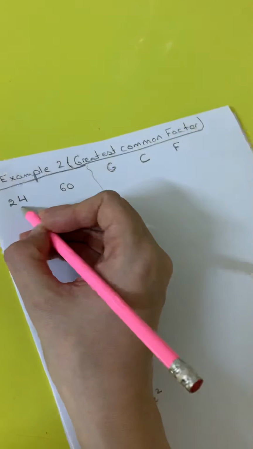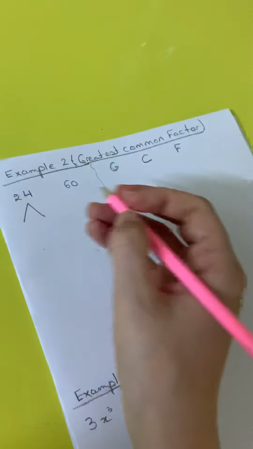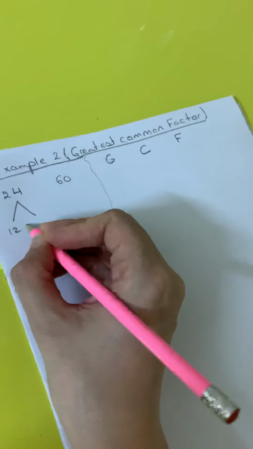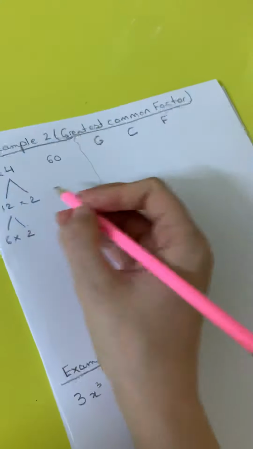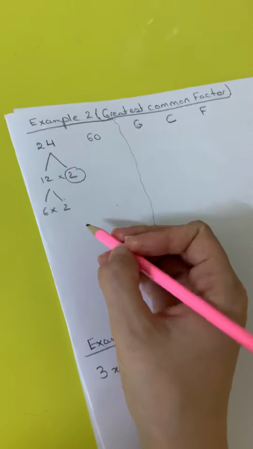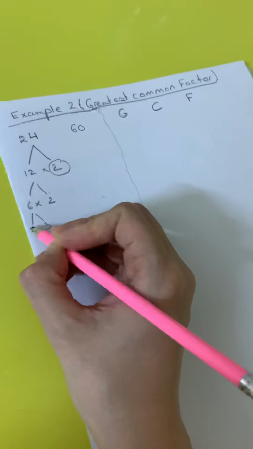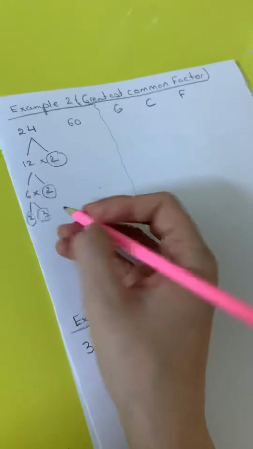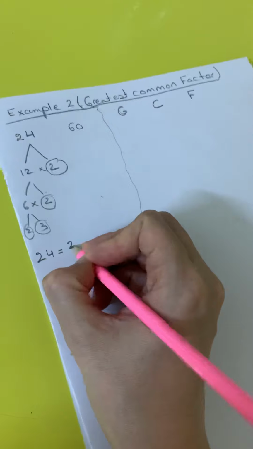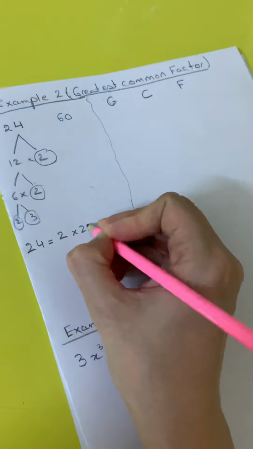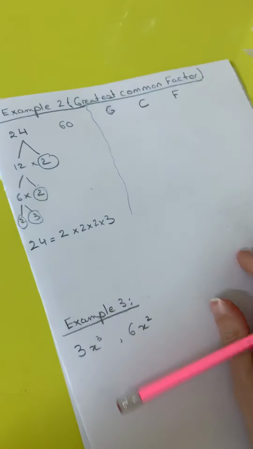So the prime factorization of 24, you know it, it's 12 times 2, and 12 is 6 times 2. Here, we're finished from here. 6 is 2 times 3, and that's it. So 24 is equal to 2 times 2 times 2 times 3.